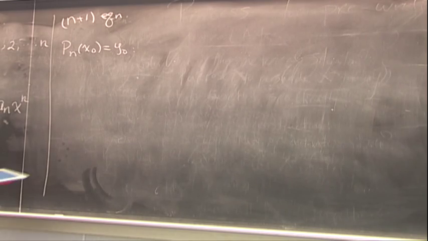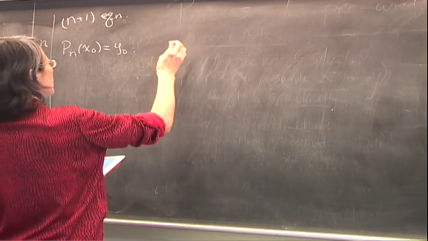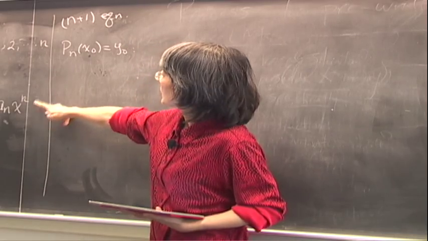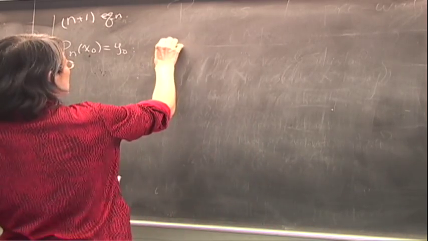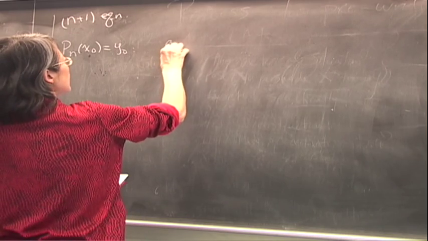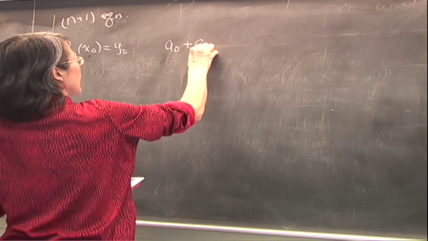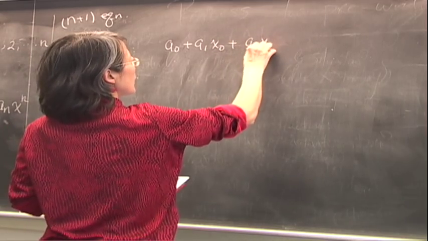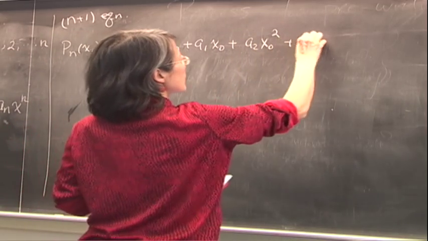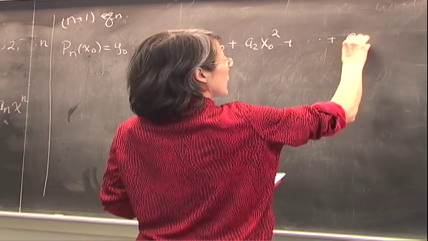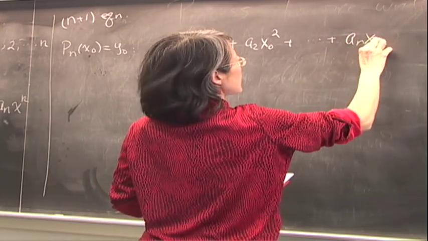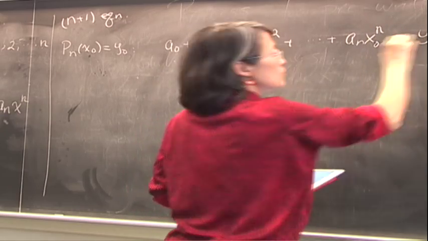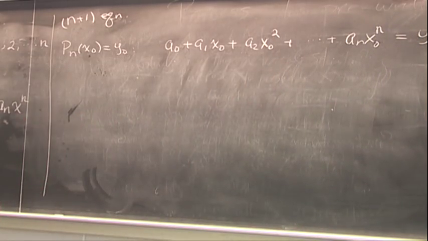So when x equals x0, this polynomial returns the value y0. So write it out. So this will be a0 plus a1 x0 plus a2 x0 squared plus all the way to an x0 to the power n equals y0. Is that okay?